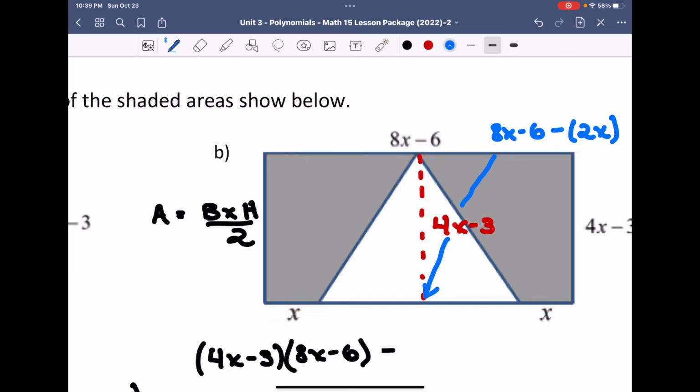If I subtract away the 2x, my simplified expression is 6x minus 6.